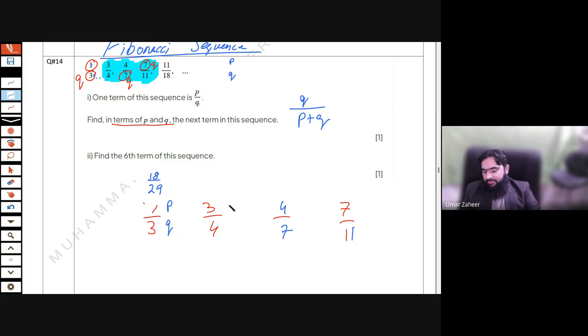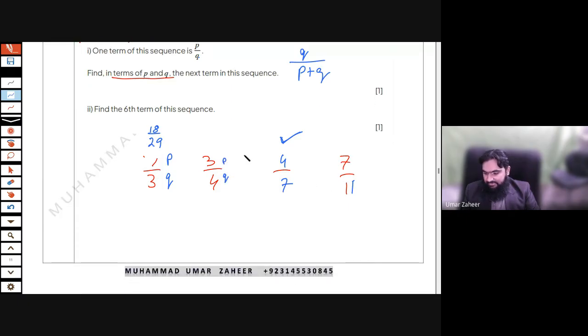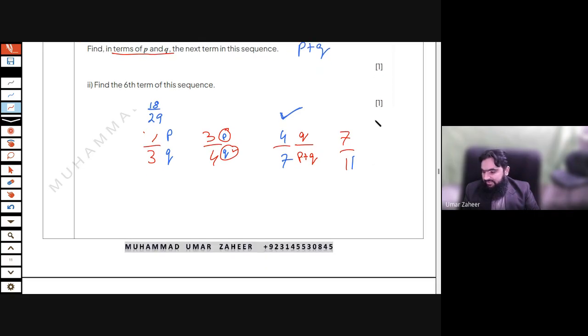Let's say I'm going to find this sequence. How will you find it? It is p over q as well. What is the relation between them? You have to find it. Basically, this value and this value are going to be the same. And you will get the 7 after adding p and q. In the same way, you have to go for the next.